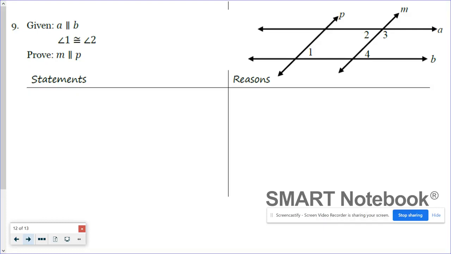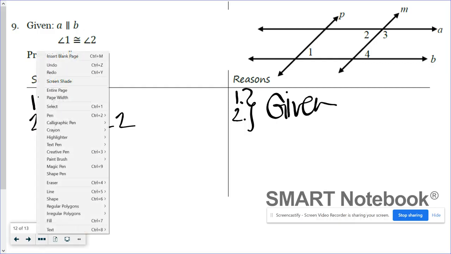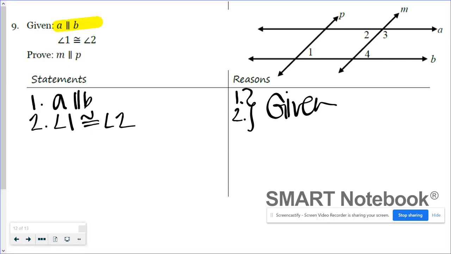So here we are given that line A is parallel to line B. And we are also given that angle 1 is congruent to angle 2. Our goal is to prove that M is parallel to P, okay? So I know that A and B are parallel.